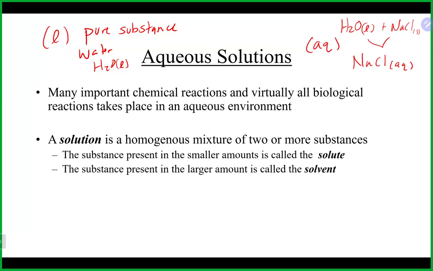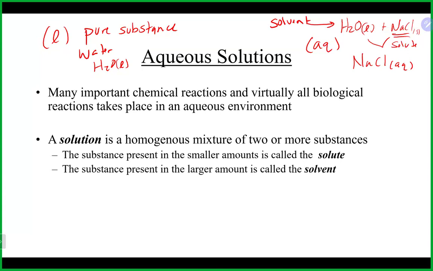Now, when we talk about a solution, there's two parts to a solution. There is the smaller part of the solution, which is known as the solute, and there's the larger part of the solution, which is known as the solvent. In our example up here, the water is our solvent, which is the larger part, and our sodium chloride here would be our solute in this case.